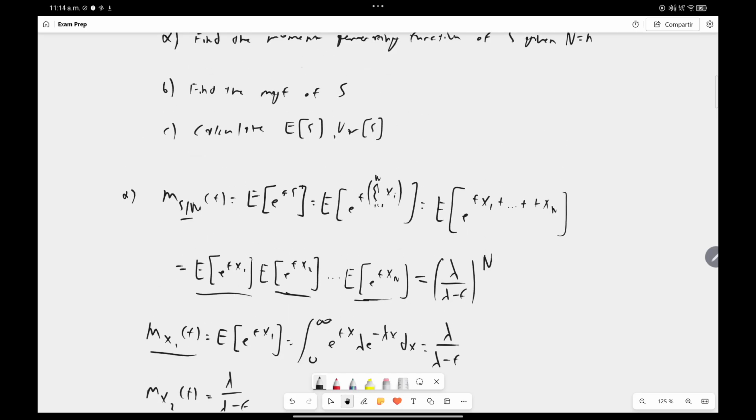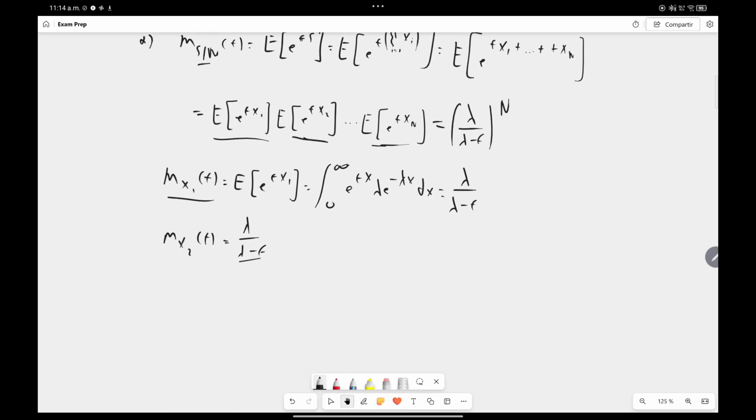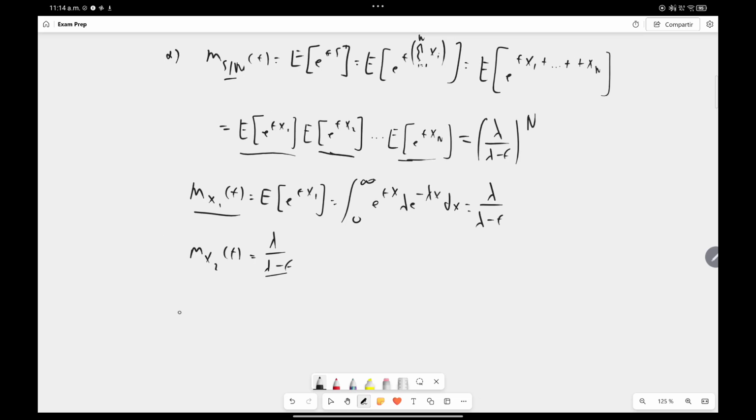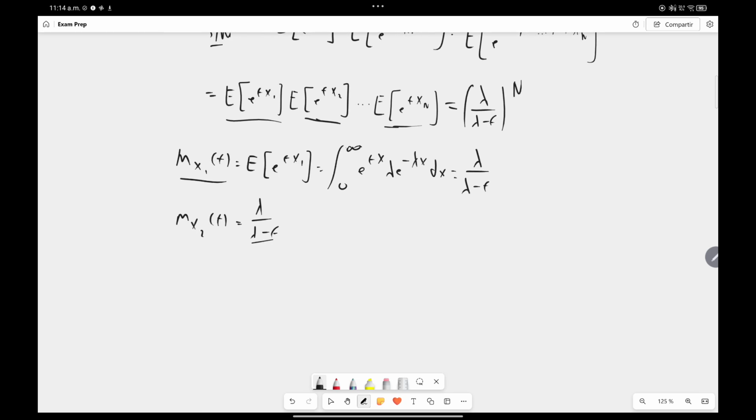Okay. And so the second question is: find the moment generating function of S. Now this is very interesting. First, we're going to start off with the definition of the moment generating function again, and then I'll go into a little bit more explanation. So the moment generating function of S is the expectation of e to the power of tS, right?